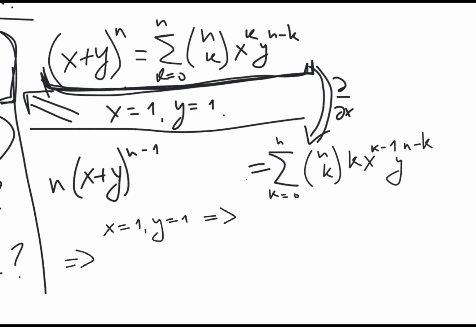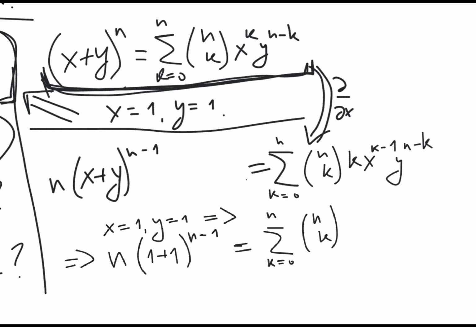That's where we get n multiplied by (1 plus 1) to the power n minus 1, equal to the sum for k from 0 to n of k, then 1 to the power k minus 1, 1 to the power n minus k, but 1 raised to any power is still 1, so we can simplify this.